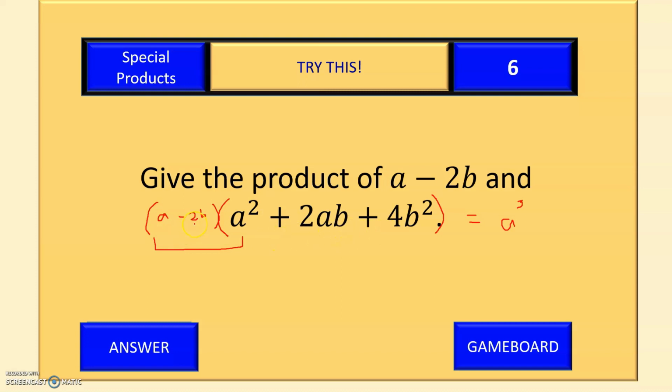Then, in-square ko yung last term, that is actually 4b squared. So, therefore, the product of this is a cubed minus cube ko yung last term, which is 8b cubed. Okay, let's check. So, correct answer is a cubed minus 8b cubed.